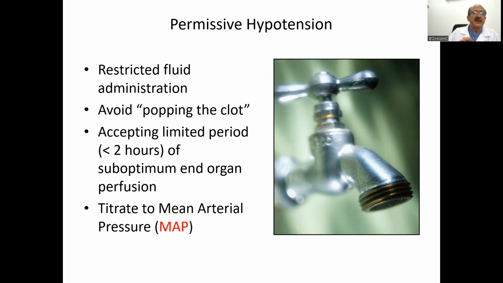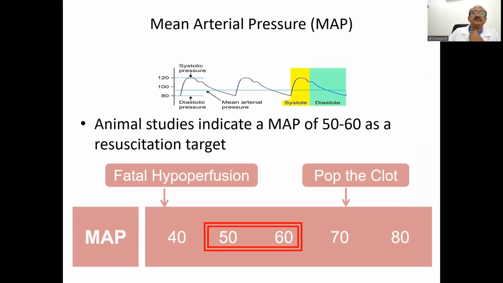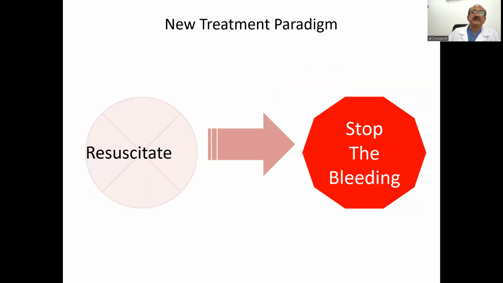Don't try to correct the numbers. Avoid popping of the clot. In the absence of traumatic brain injury, mean arterial pressure of 50 to 60 is the resuscitation target. So according to the new treatment paradigm, resuscitate and stop the bleeding. This should be the main idea.